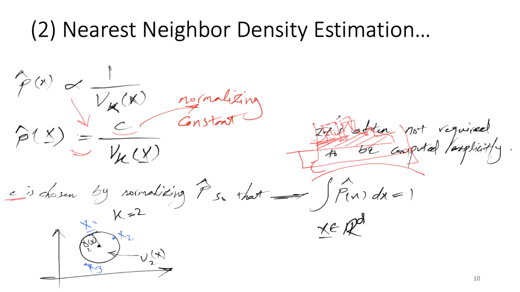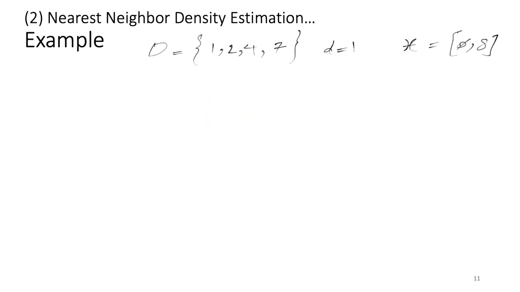So now let's see a bunch of examples for nearest neighbor density estimation. So we have a bunch of data, 1, 2, 4, and 7, and our d is equal to 1, so a one-dimensional vector, and the bound is from 0 to 8. Okay?